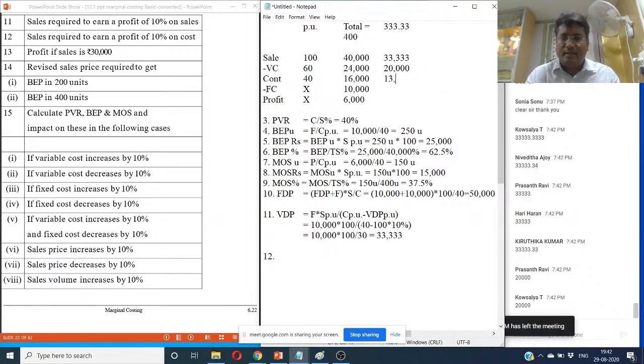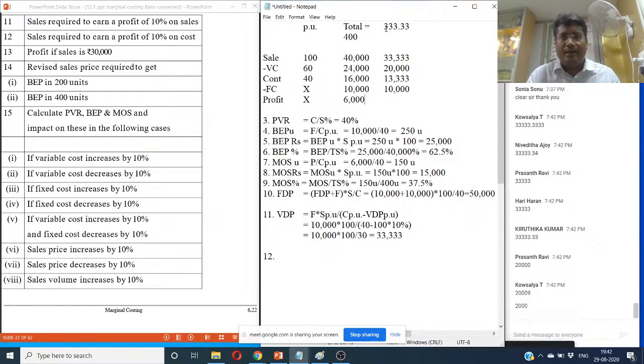Contribution in this case is 13,333. Fixed cost being 10,000, your profit is 3,333. With your sales being 33,333, the profit is 10% on that, which is equivalent to 3,333.